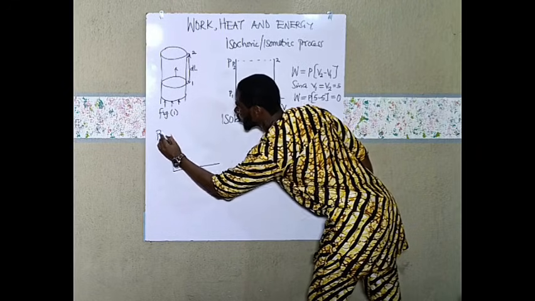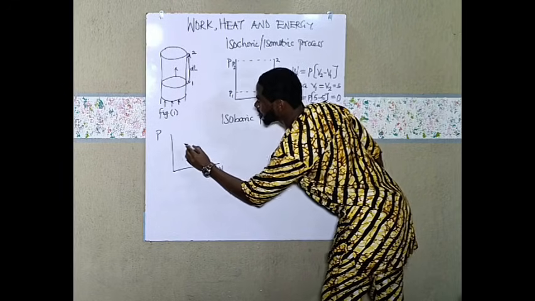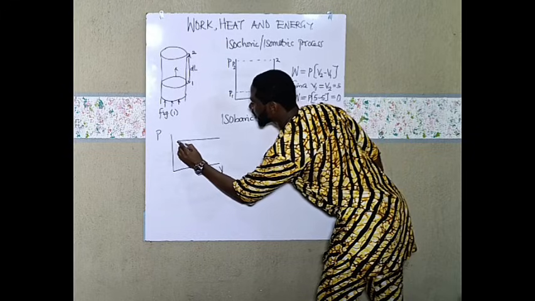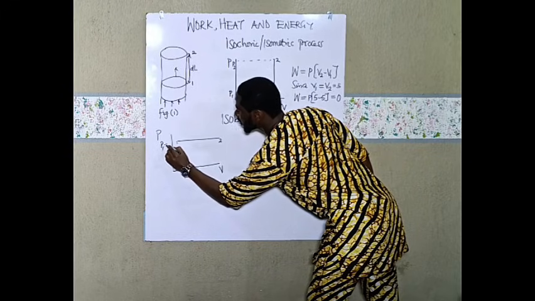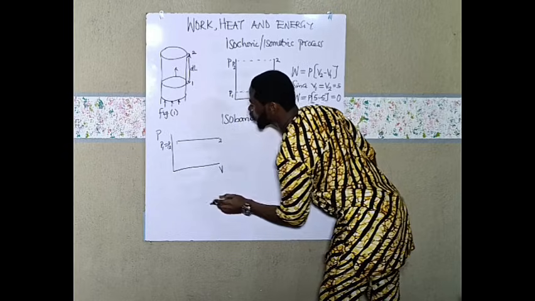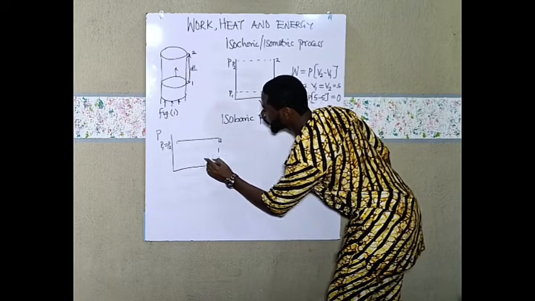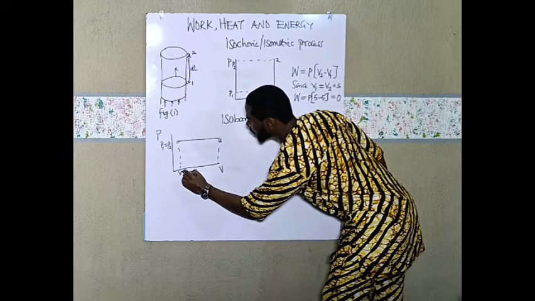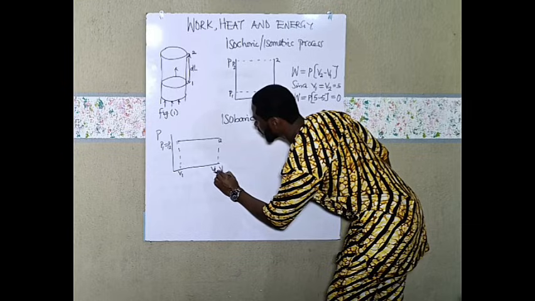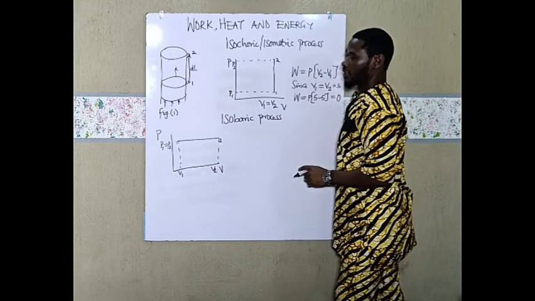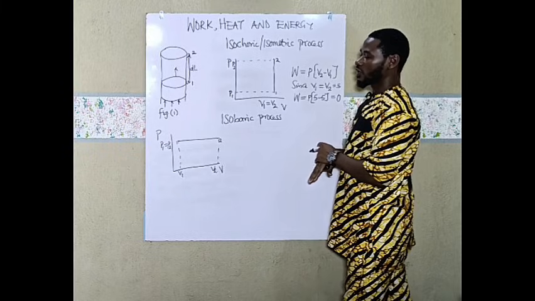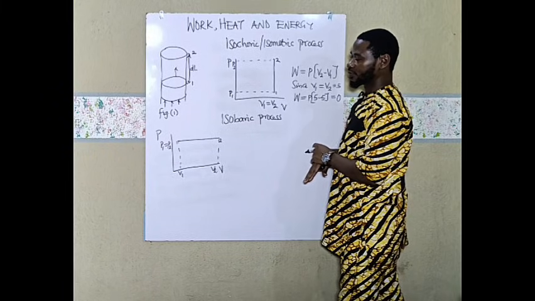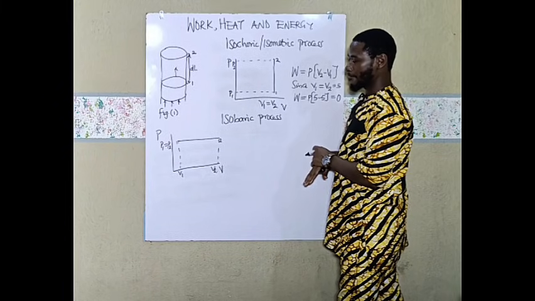This is state 1 and this is state 2. At this level, P1 equals P2, while the volume changes from V1 to V2. The line, which is horizontal, is called an isobar.